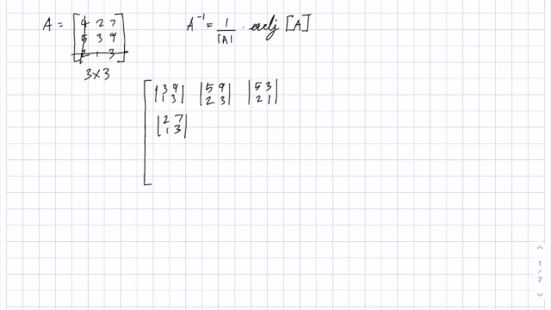Cancel the row and column for 2, and then we have 2, 7, 3, 9. So let me just skim through this entire process. We have the 4, 7, 2, 3, 4, 2, 2, 1, 4, 7, 5, 9, 4, 2, 5, 3.